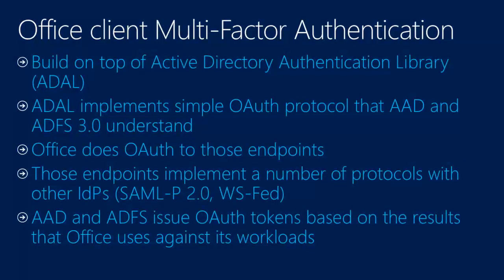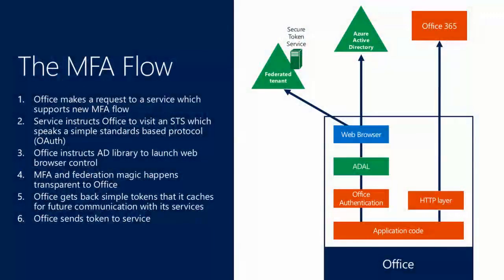And then a token is issued by the identity provider which enables Outlook to authenticate as the user during the duration that token lives. So here's the flow. Office makes a call to the service. The service says, hey, you're not authenticated.